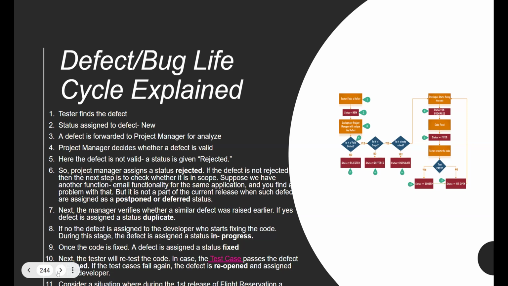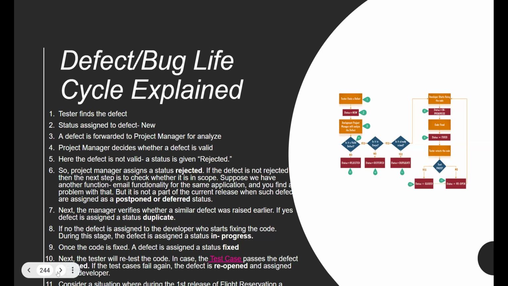Then the status is assigned to the defect as new, right? So the third step, the defect is now forwarded to the project manager to analyze, because the project manager will now analyze whether this is a defect. When you've logged it, the project manager of course has the access. The project manager or QA manager has the access to your defect tracking tool, right? And then you assign the status.